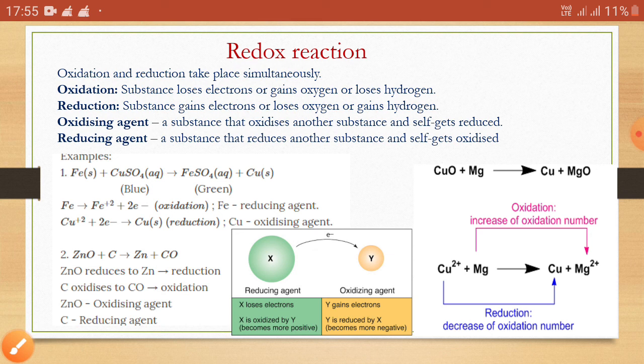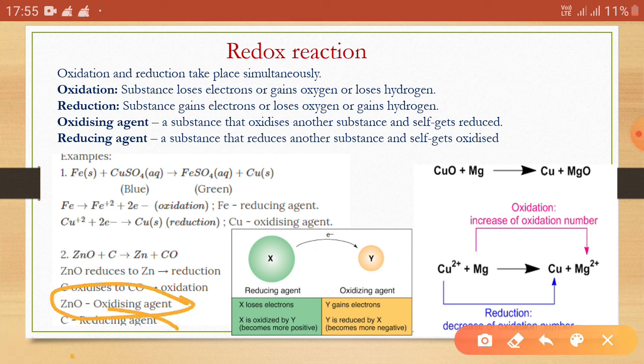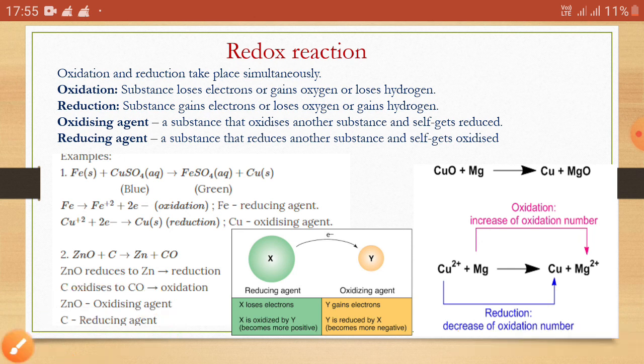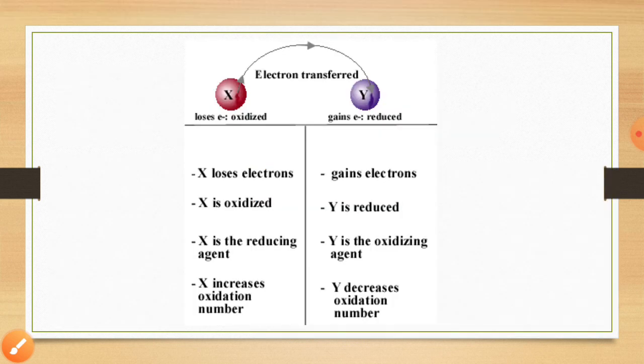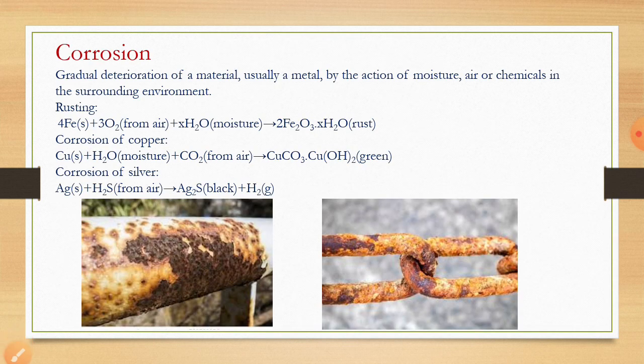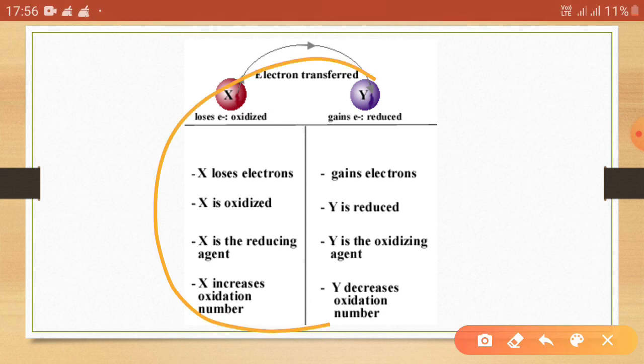Now ZnO is the oxidizing agent here and C is the reducing agent here. Got the idea clear? So when any agent loses electrons it is known as the reducing agent, and when it gains electrons it is known as the oxidizing agent. Okay, clear? Go to the next slide. Already you have learned it, so listen carefully to all this.